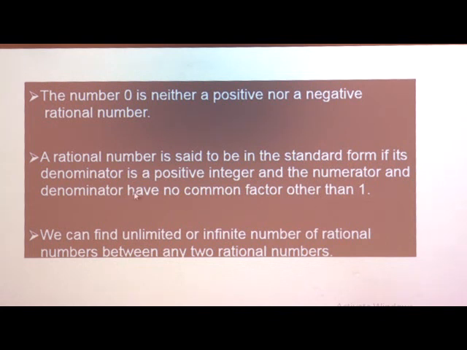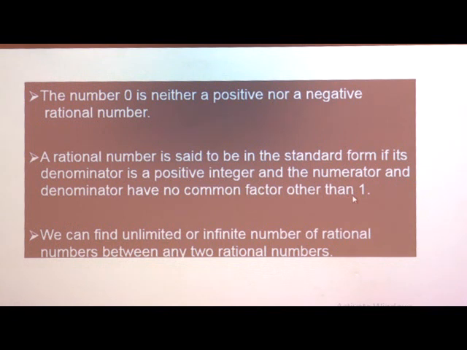When we learned the standard rational number, let us recall again: a rational number is in standard form if its denominator is a positive integer and the numerator and denominator have no common factors other than 1.